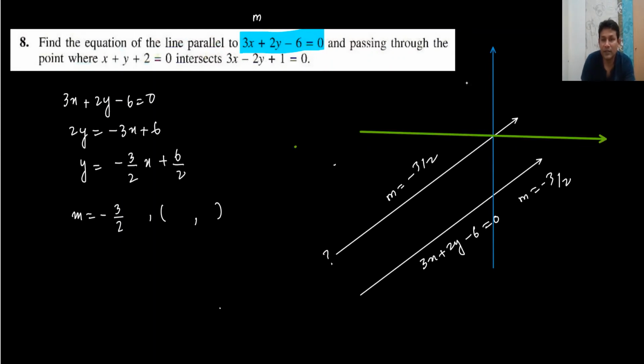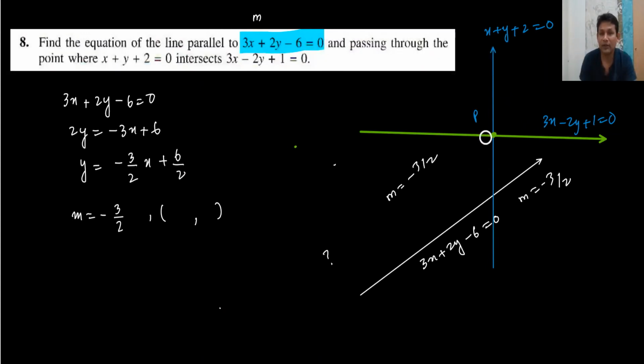So this point is point P. This line is x plus y plus 2 equals 0 and this line is 3x. Using these two lines, we can use simultaneous equations to find this coordinate.